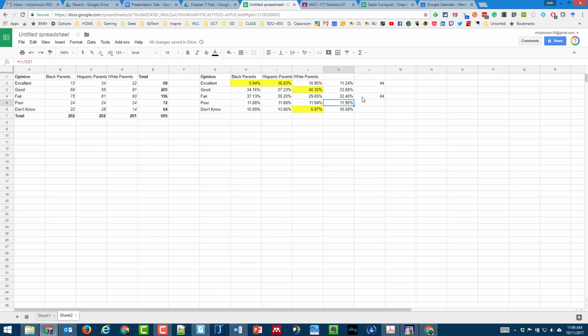It ends up seeming like it's pretty split if you think fair and poor are the bad ones. Again, if you take a look at the other groups though, in the black parents, only 39% on the top two as opposed to 48 in the bottom two. Hispanic parents, 43 and 41. White parents, 50 and 40.